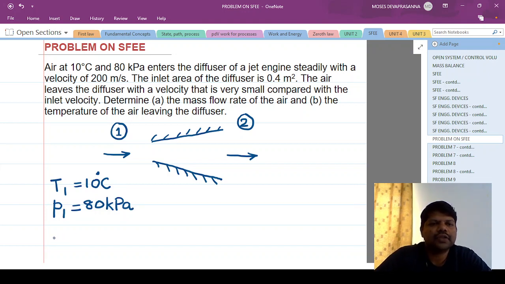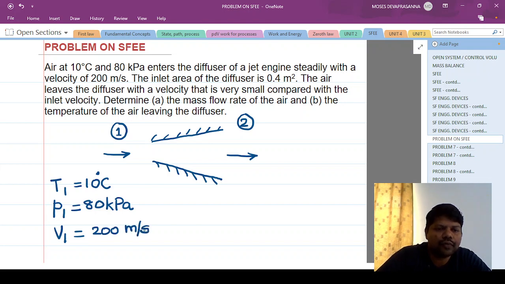And the velocity at the inlet of the diffuser is 200 meter per second, and the inlet flow area or cross section area at the inlet of the diffuser is given as A1 equal to 0.4 meter square.